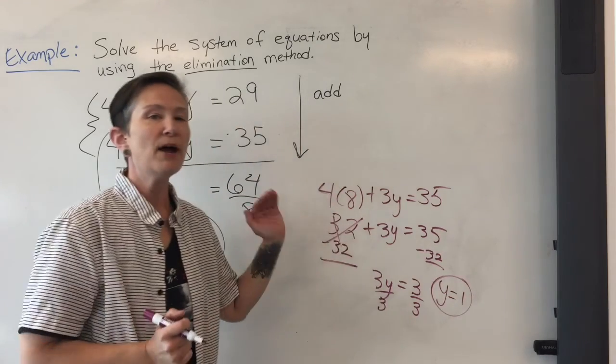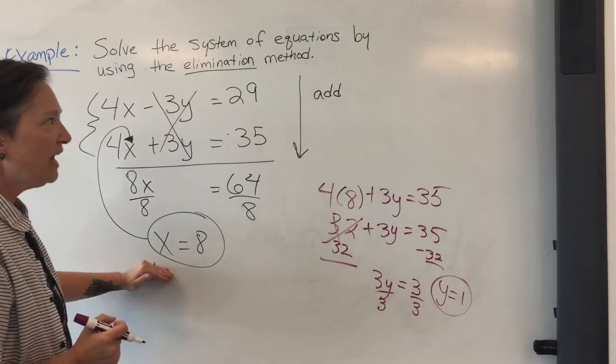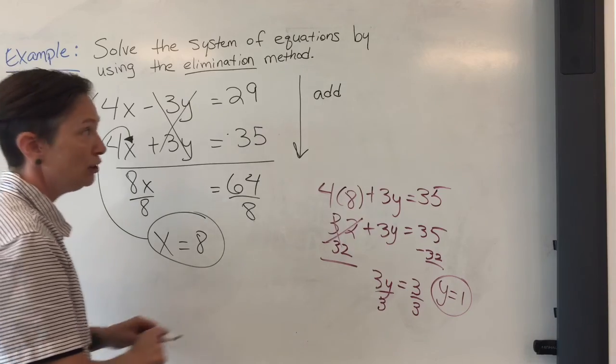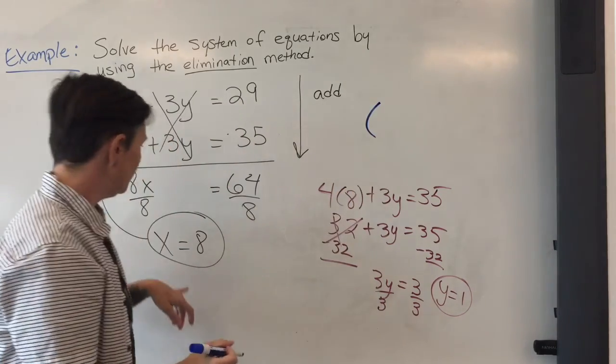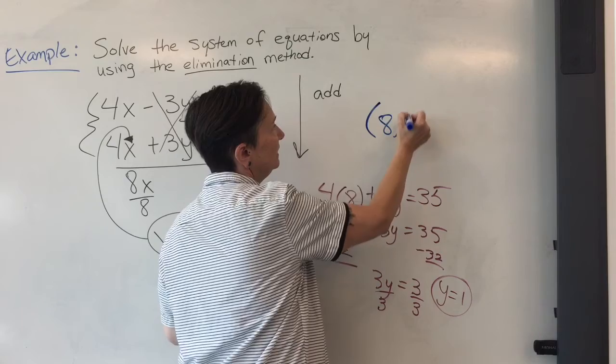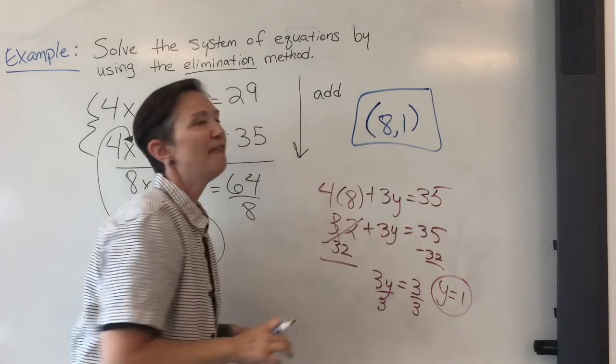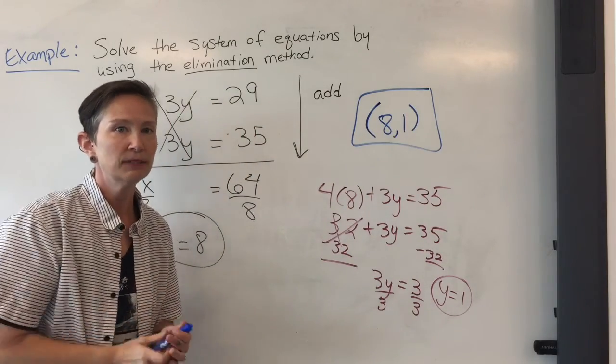So now that I have my y value and I have my x value, I can write my answer. X goes first, so 8, 1 would be my final answer to this system.